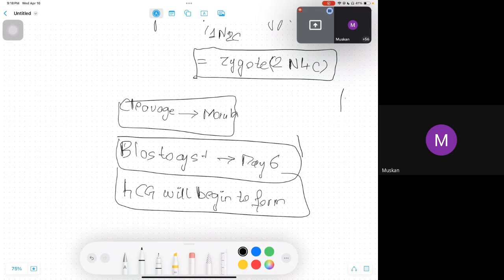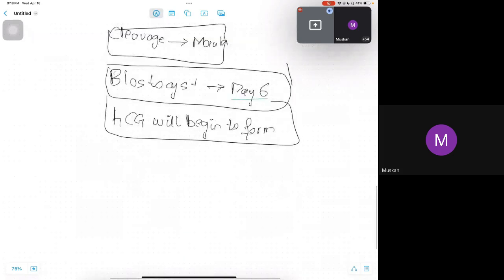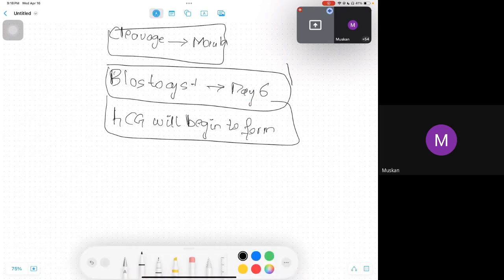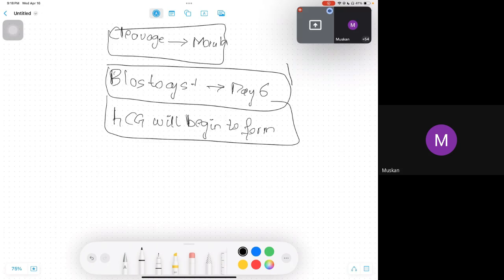Which other process will be going on in the body at the same time that this protein begins to be secreted? So they basically combine two things which are going on at the same time and give you this question. So always remember to combine similar things which are happening at the same time.